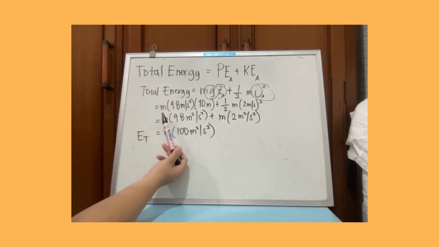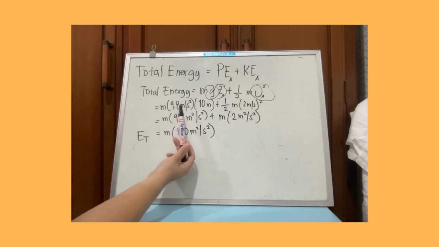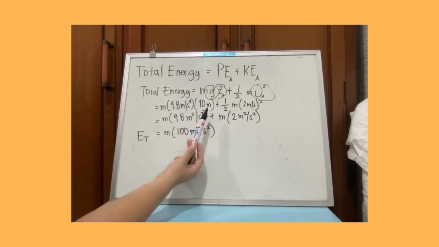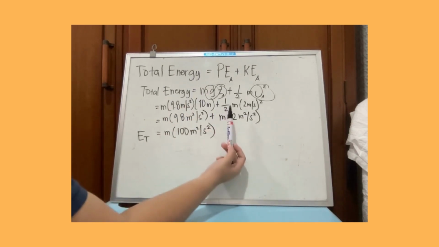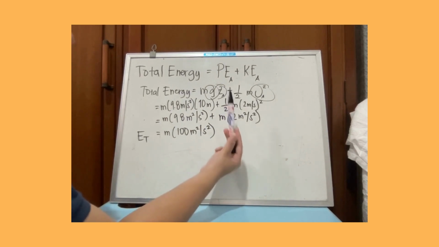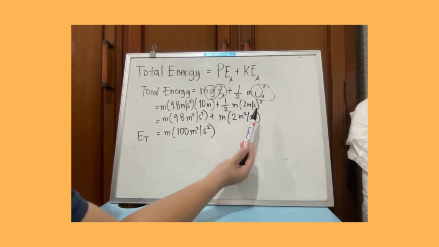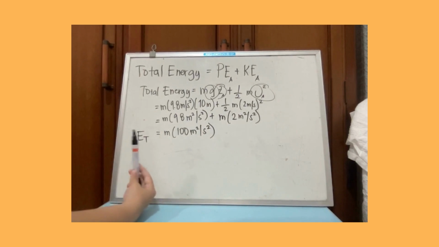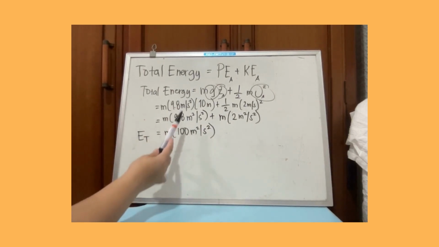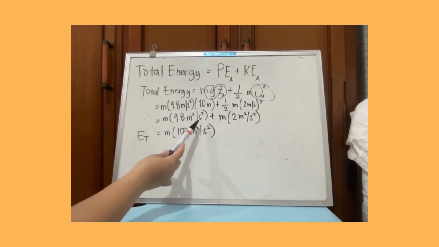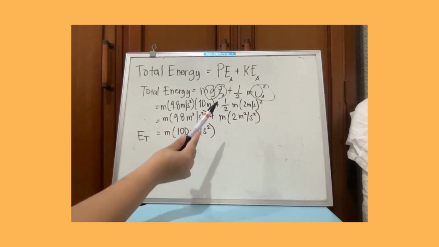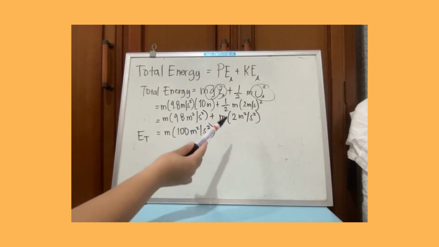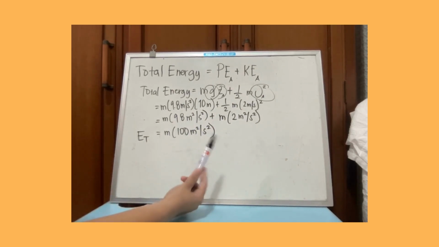Okay. Mass times 9.8 meters per second squared times 10 meters plus 1/2 times mass times 2 meters per second squared is equal to mass times 98 meters squared per second squared plus mass times 2 meters squared per second squared.